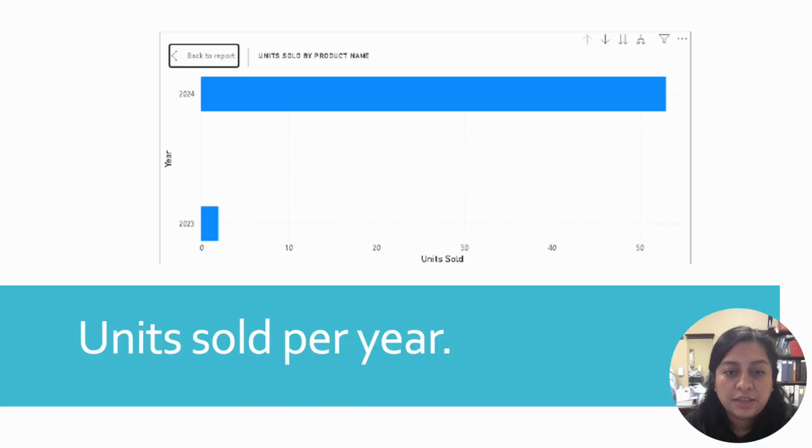So this slide is units sold per year. On this slide, we are comparing 2 years, year 2023 and 2024. The data indicates that in year 2024, Canyon Retail Operations had an exceptional year in sales compared to that of 2023.